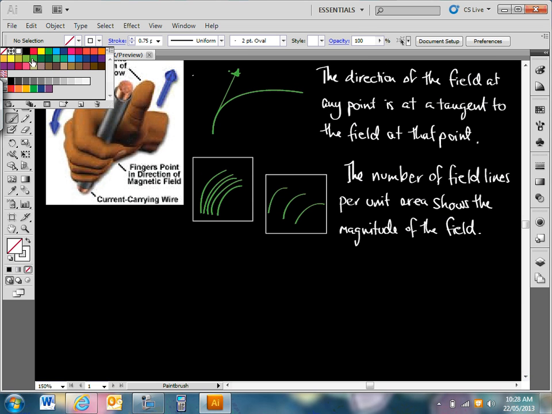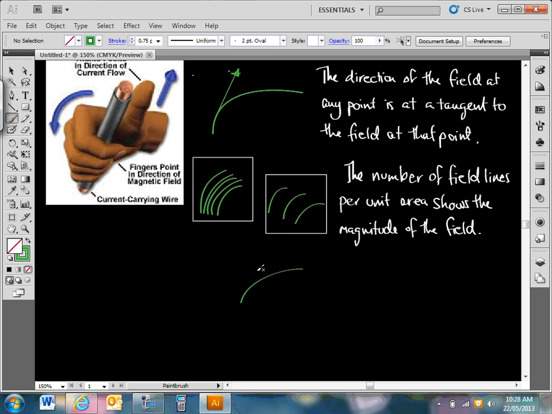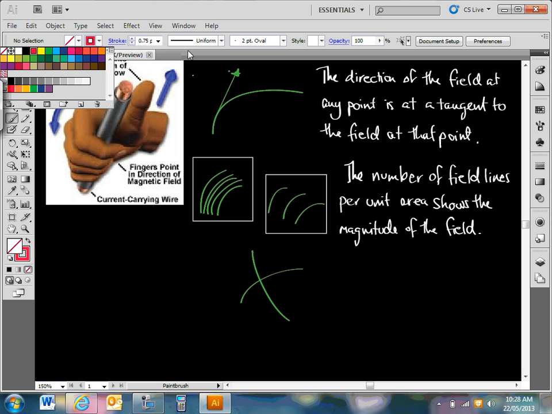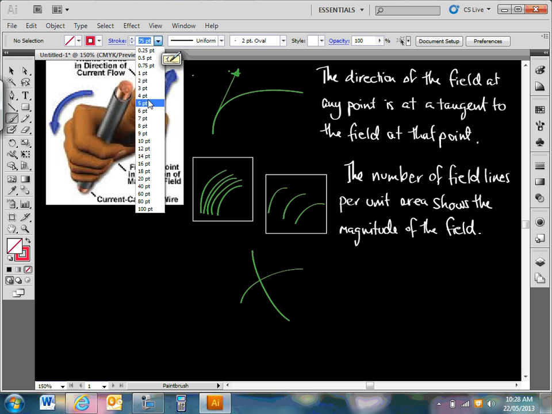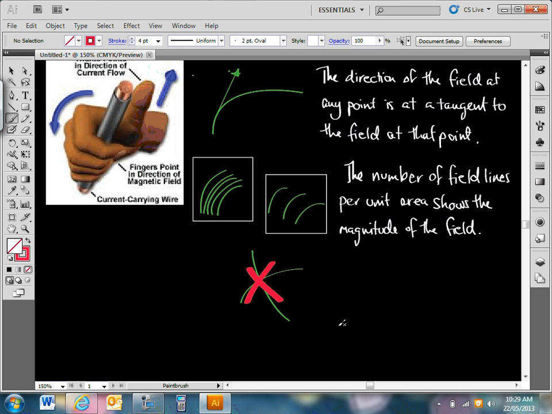Field lines cannot cross. This is not allowed.